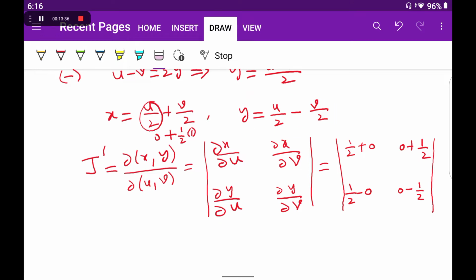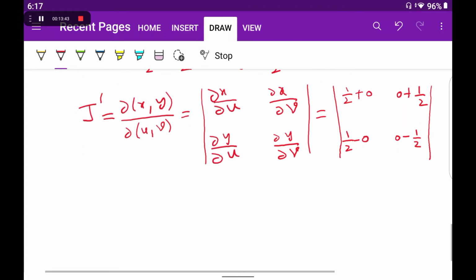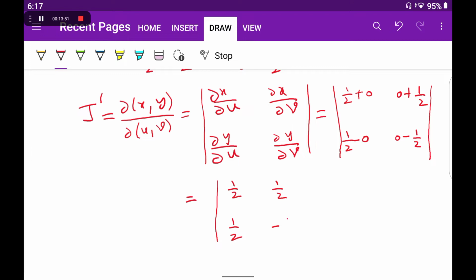So finally what we got is 1 by 2, 1 by 2, 1 by 2, minus 1 by 2. So the determinant is 1 by 2 into minus 1 by 2 minus 1 by 2 into 1 by 2.